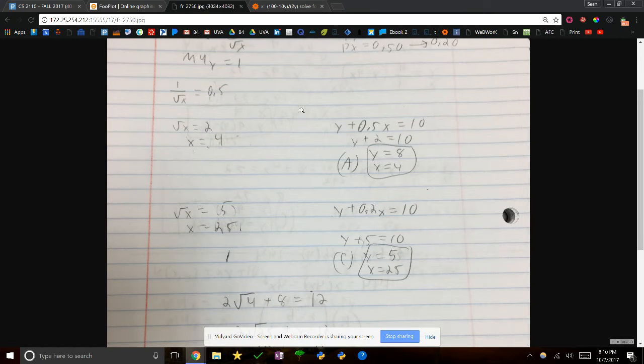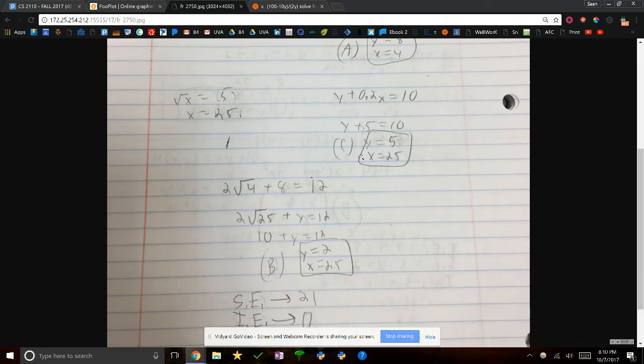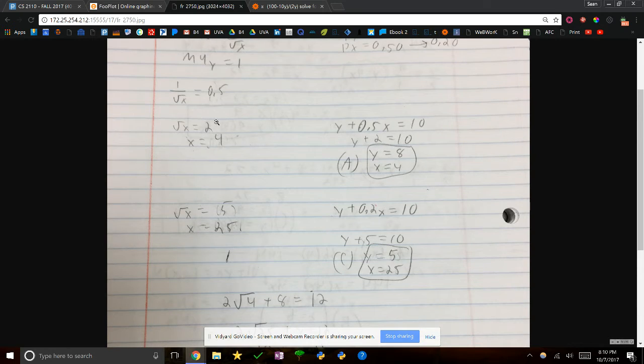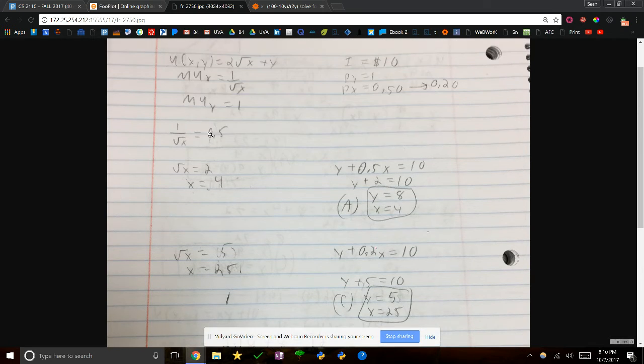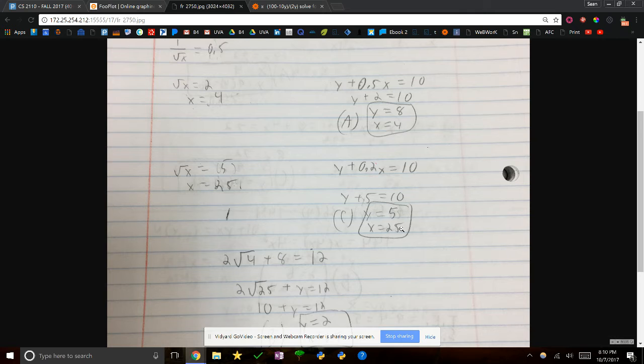So then we're going to have the A zone and then the C zone right here. So in this one, we take the slope of the budget curve and the marginal rate of substitution. We find x just equals 4 here. So we just plug in 4 here, and then we solve for y, and we get that basket. The same thing over here, we get 25, and solve for y here, get 5.